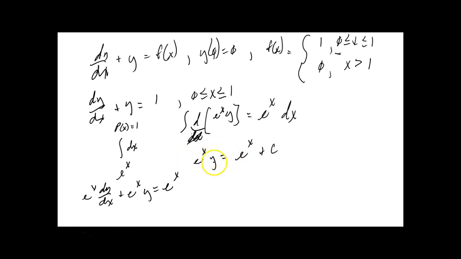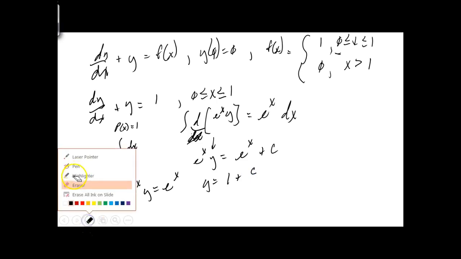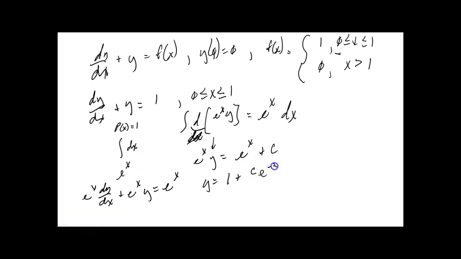Okay. Now you plug in, let's isolate the y, and that's going to be y is equal to 1 plus C e to the minus x. Is that what you're going to say? Okay. All right. Under the condition that y of 0 is equal to 0, that means 0 is equal to 1 plus c.